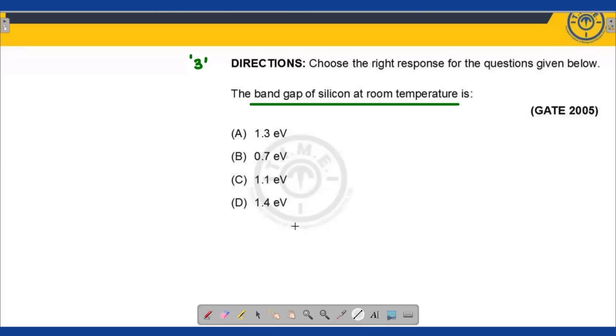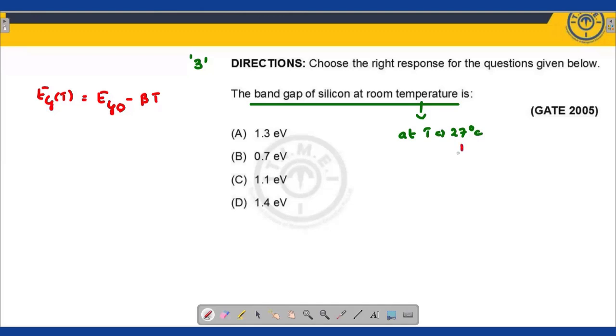So the band gap at room temperature T is equal to the energy gap EG0 minus beta into T.